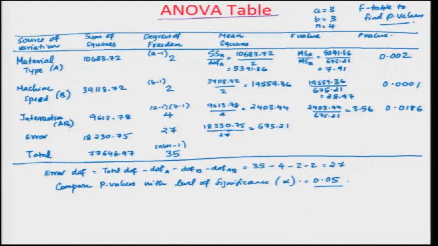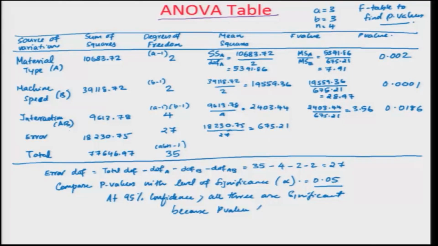That is the way you compute. So, in this case we can say that at 95% confidence, all three are significant because the p value is less than alpha, which is 0.05.